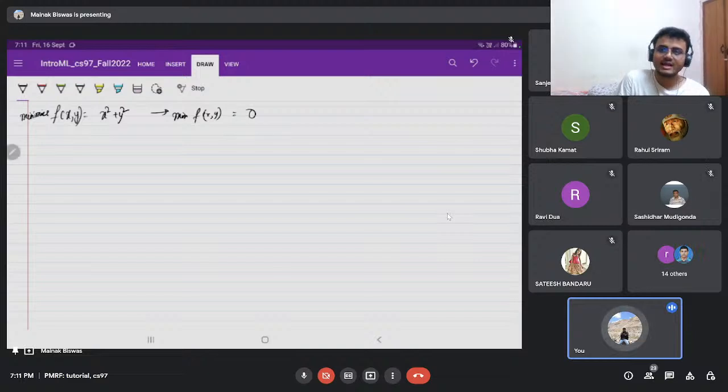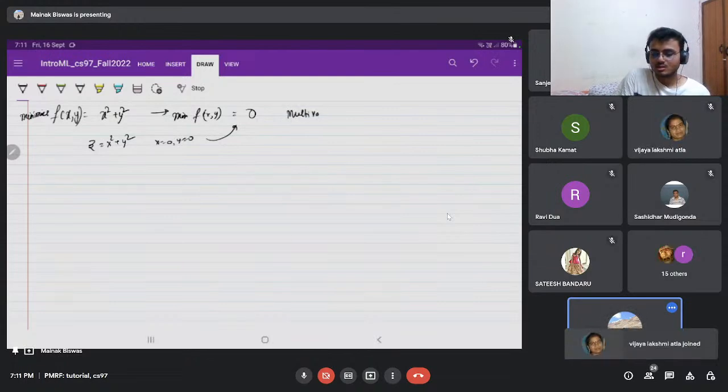Both x and y are free variables. So z is equal to x square plus y square. For x equal to 0, y equal to 0, you have f of x, y equal to 0. So it's a multivariate calculus question.